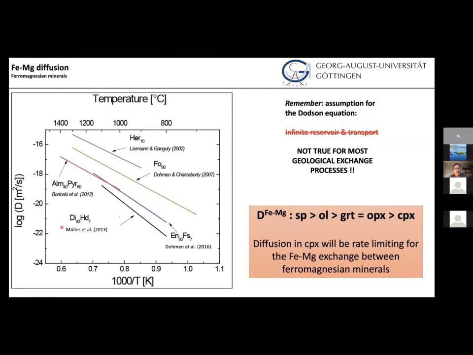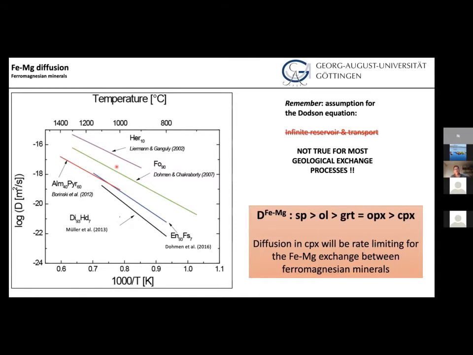If we look at different Arrhenius plots, diffusion coefficients for ferromagnesian minerals, you can see that they differ quite substantially. So in other words, if I want to have a diffusive exchange between two minerals, the assumption of an infinite reservoir is not given, right?